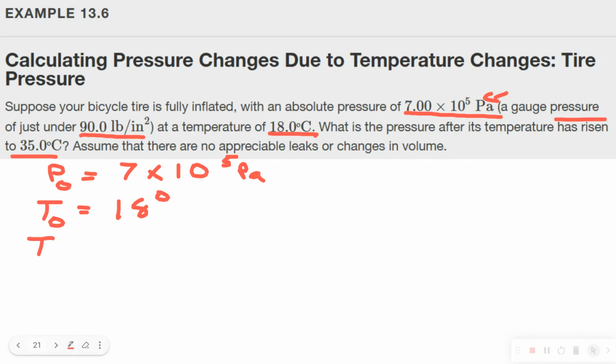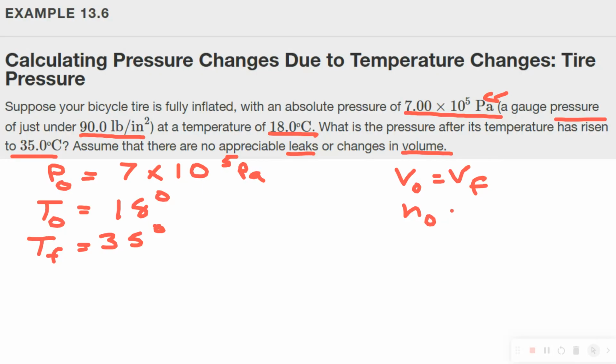And then your final temperature is 35 degrees. Okay. Well, it says assume there is no change in volume. So then our initial volume is equal to our final volume. Okay? And there are no leaks. So that means the initial number of particles is equal to the final number of particles.